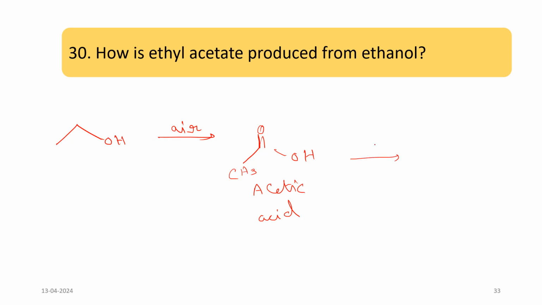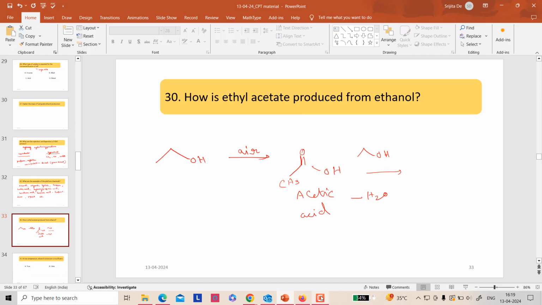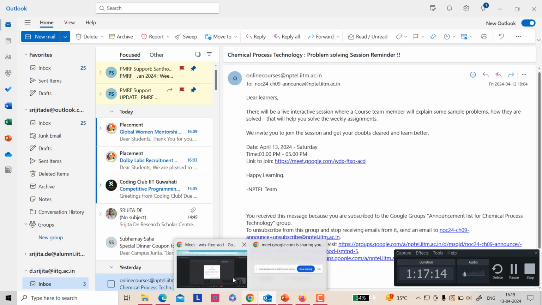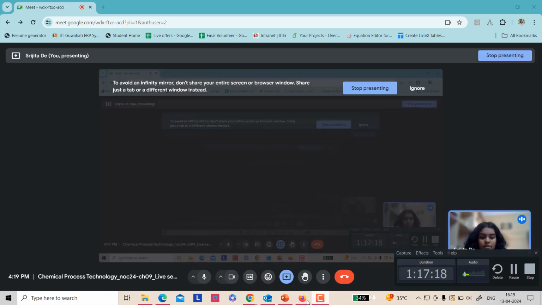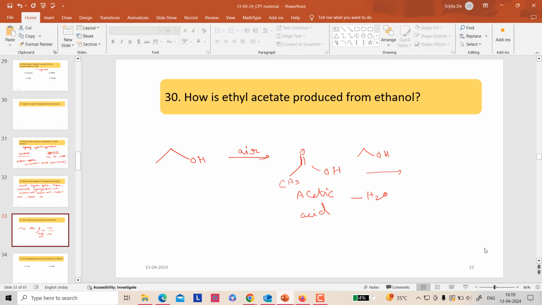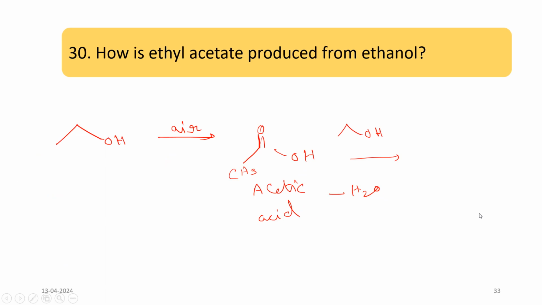Then again we react it with ethanol, dehydration happens, and that leads to the production of ethyl acetate, that is CH3COOCH2CH3. This is the reaction.